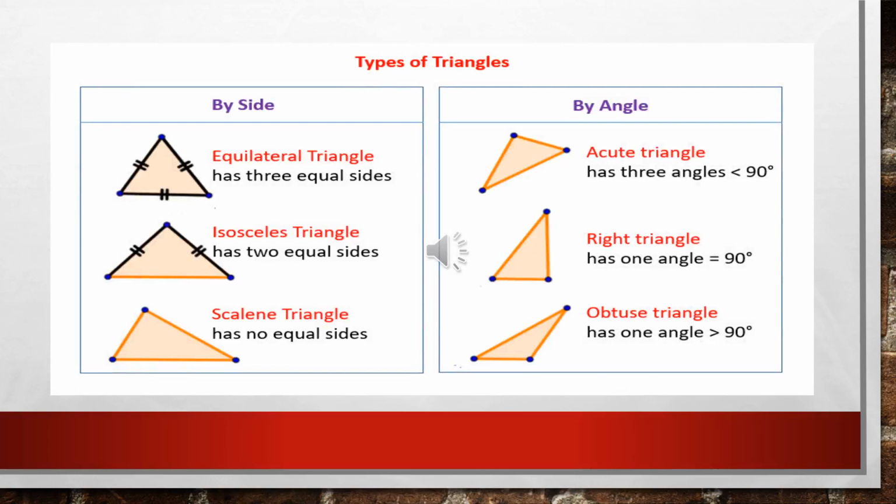Okay, if you look at the first picture, the worksheet tells us types of triangles, and they were grouped into two: types by side and types by angle. Now, looking at the sides of the equilateral triangle, you see that there are three equal sides, and that is why you see two strokes on each line, showing you that each line is equal to the other one.